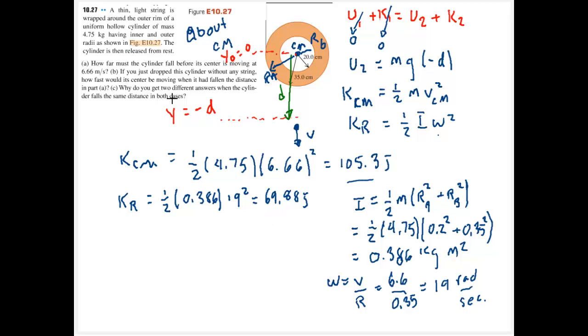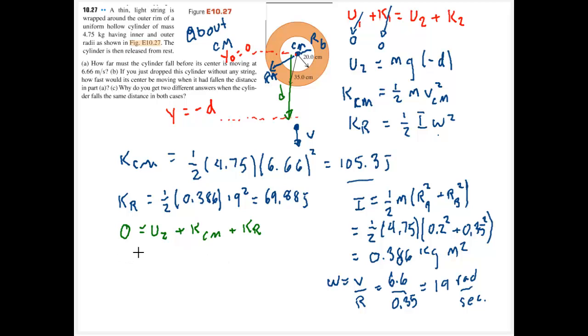So now I can finally go back up to my starting equation, which says 0 is equal to the potential energy plus the kinetic energy of the center of mass, and then the rotational kinetic energy.